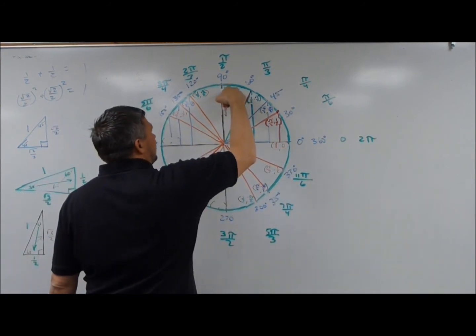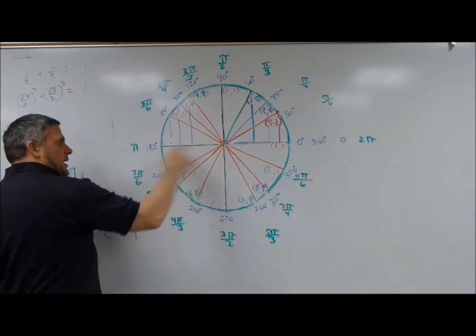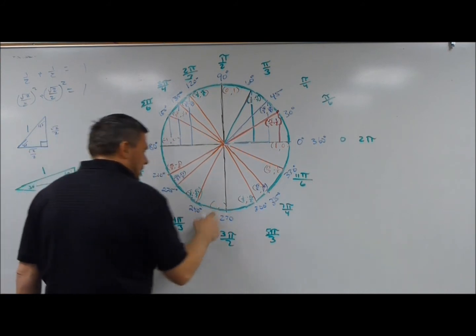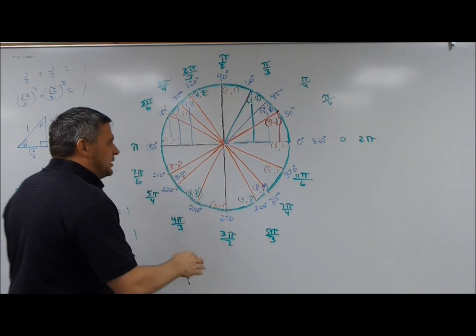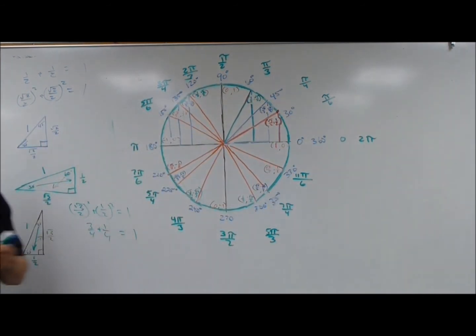And here x is 0, but y is 1. And here x is negative 1 and y is 0. And here x is 0, but y is negative 1. So it just translates all the way around. And that's the basis of our unit circle. Ta-da!